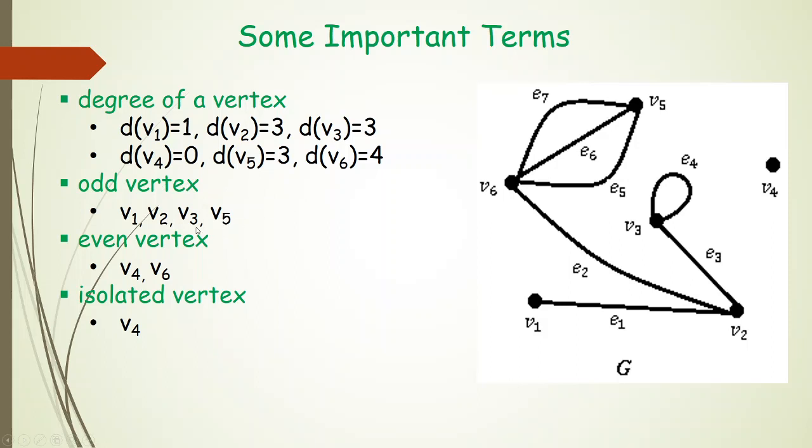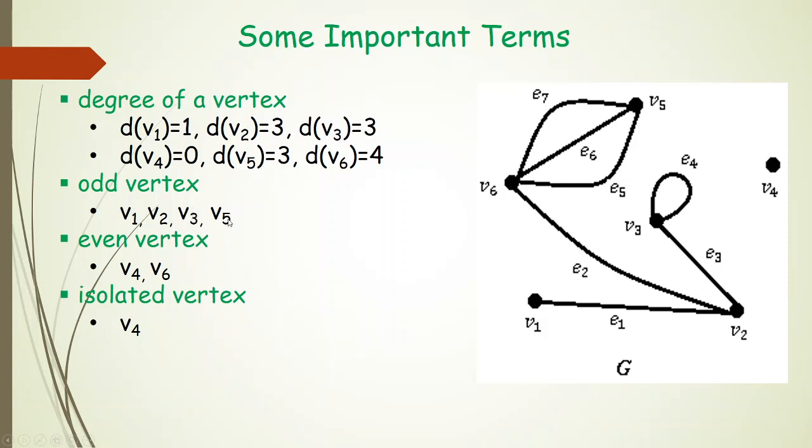Now we say that a vertex is odd if its degree is odd. As you can see from the obtained numbers here, the degree of V sub 1 is 1 and 1 is odd. Therefore, V sub 1 is an odd vertex. Another, the degree of V sub 2 is 3 and 3 is odd. Therefore, V sub 2 is an odd vertex. Another, 3 is odd, so V sub 3 is an odd vertex.